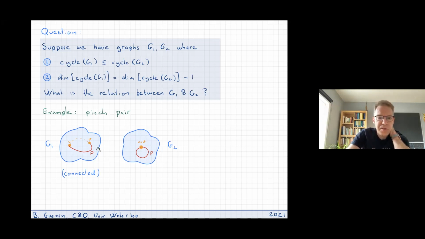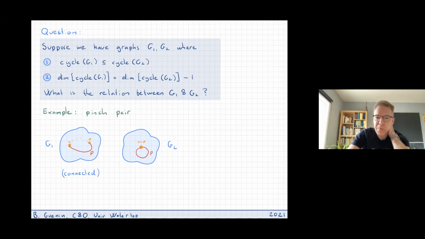So when you do this, clearly every cycle of G1 is going to be a cycle of G2, right? But actually you get a strict inclusion because, well, any UV path in G1 is turning now into a cycle of G2, right? So you get strict inclusion.